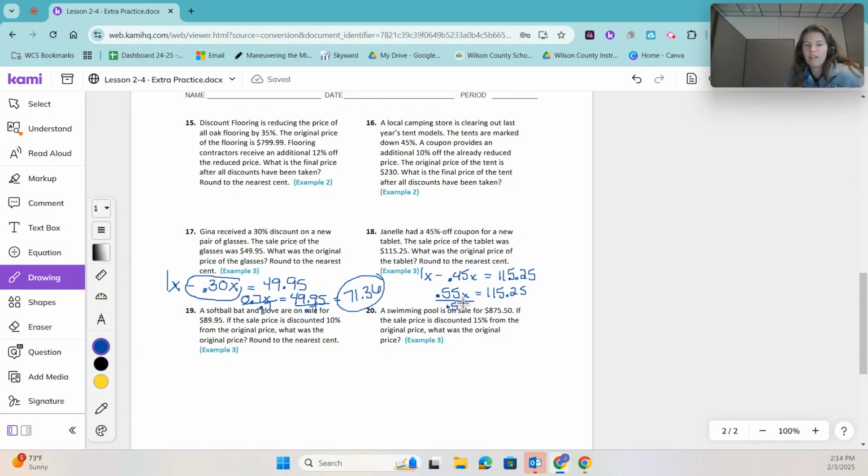Divide by 0.55 on both sides, and then we get 115.25 divided by 0.55, and that is going to give you an original price of $209.55. You can double check your work here by plugging this back into the original. Then you can try 19 and 20 there on your own.